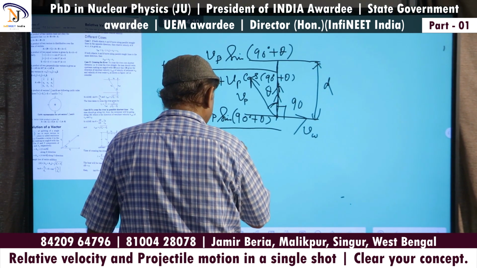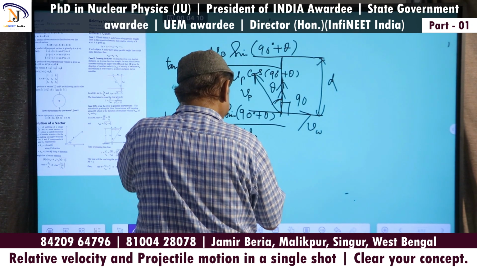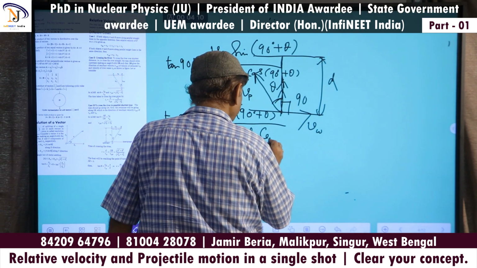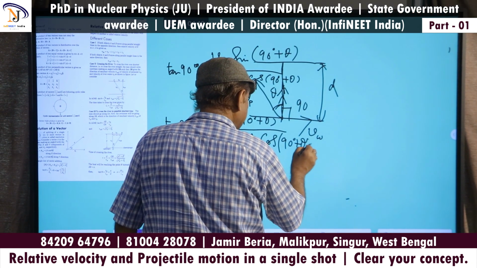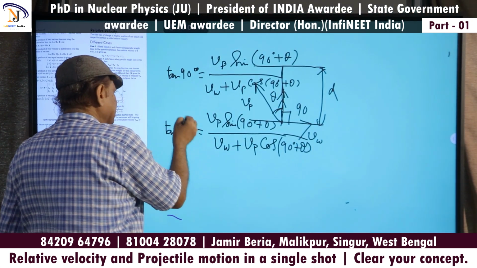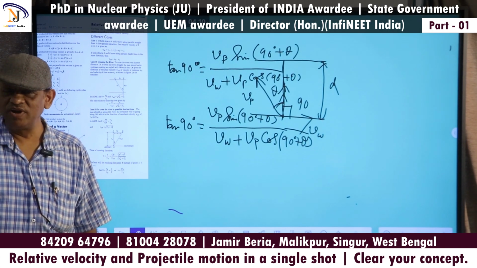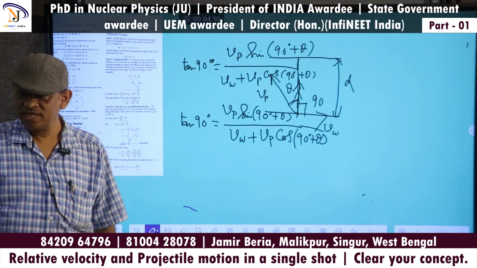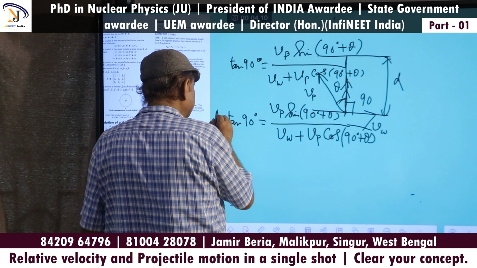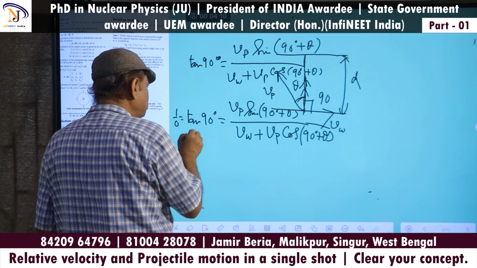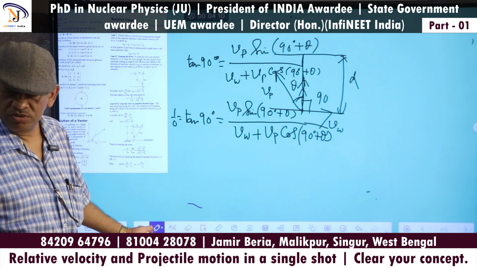Vw plus Vp cos of 90 degrees plus theta. And tan 90 degrees means infinite, that is 1 by 0. 1 upon 0 means infinite, very large.